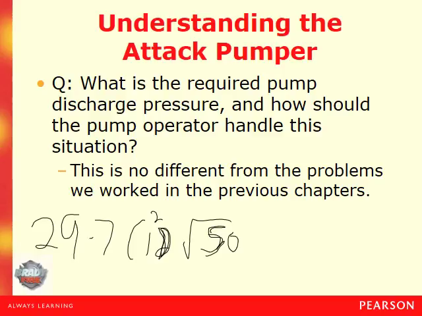So let's go ahead and multiply this out. So 1 times 1 is 1. 1 times 29.7 is 29.7. And then our square root of 50 is going to be about 7.07.